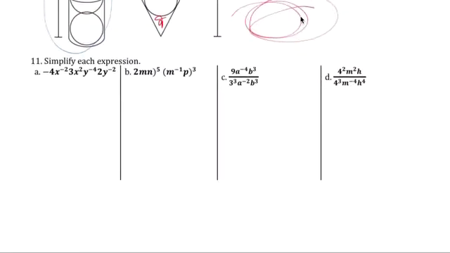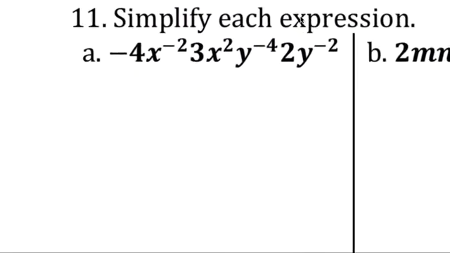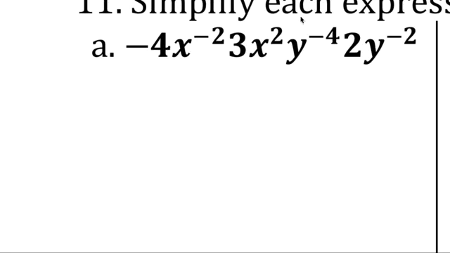Okay, and then here, with multiplication, you got to add the exponents if the bases are the same, right? So -4, that's -1 times 4. There's no other coefficients. We always start with the numbers first. There's no other coefficient of 3, 2, they're all different, right? If you multiply them, you get -24.